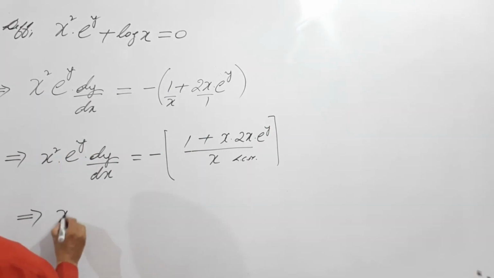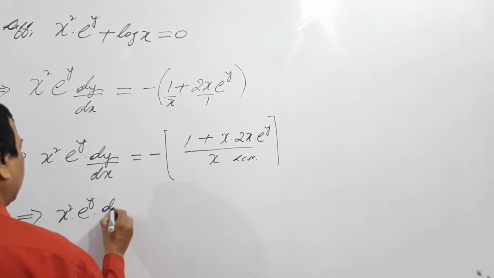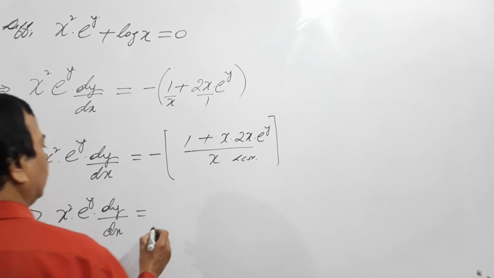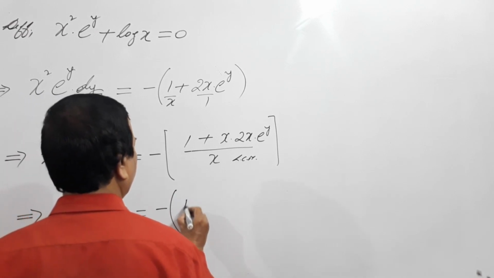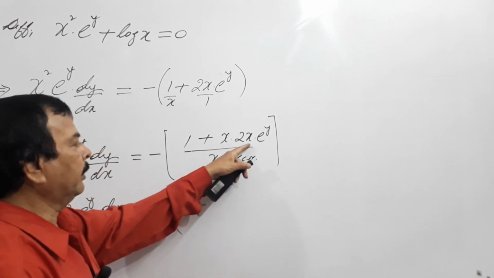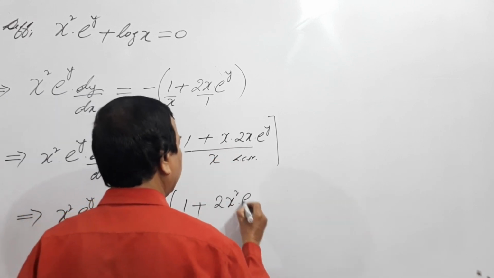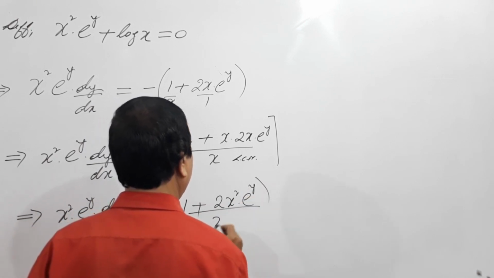So x square e to the power of y into dy by dx equals minus, 1 plus x into x, that is 2x square e to the power of y, divided by x.